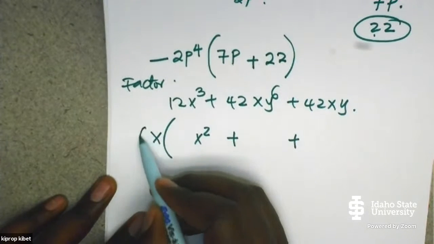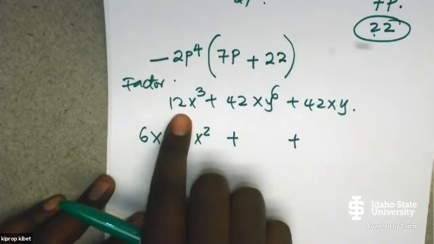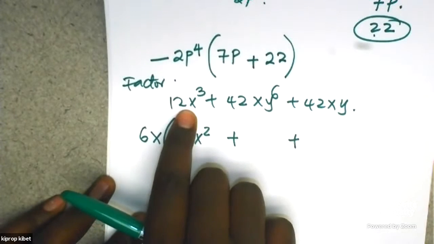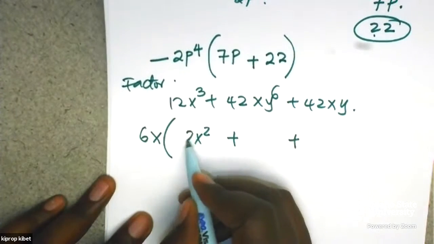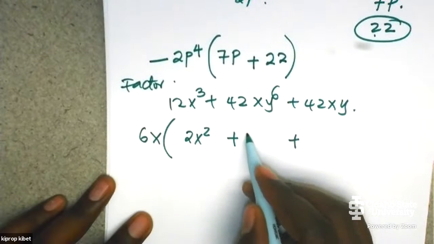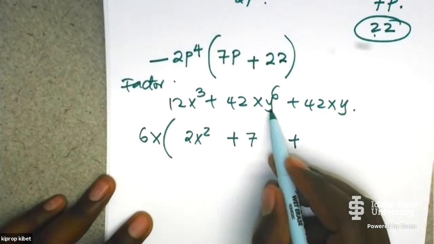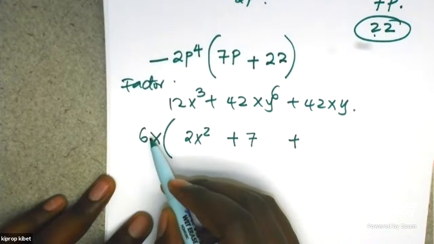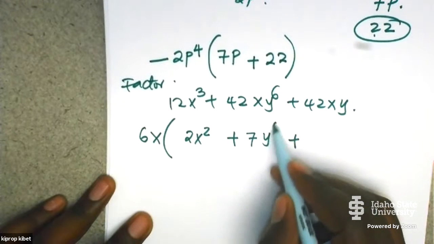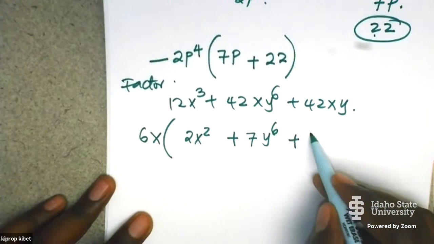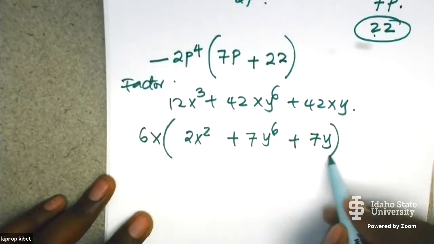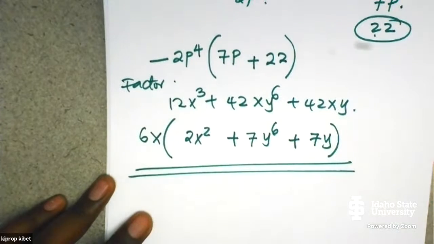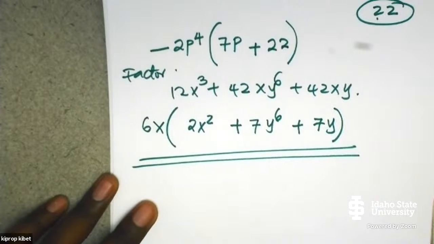So 6 comes out. What remains inside is 2, then 7y raised to 6, and the next one is 7y, since x has already been factored out. And you have factorized that completely.